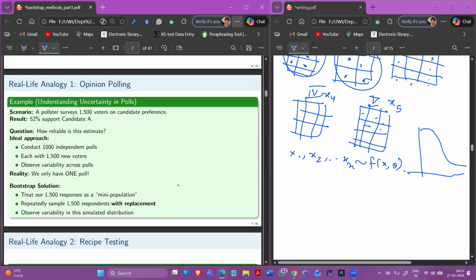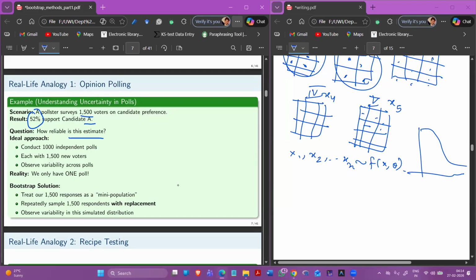A poll survey of 1,500 voters asks about candidate preference, and 52% support candidate A. Now the question is how reliable this estimate is. I took a survey of 1,500 voters on which candidate they prefer, and 52% say that they support candidate A.